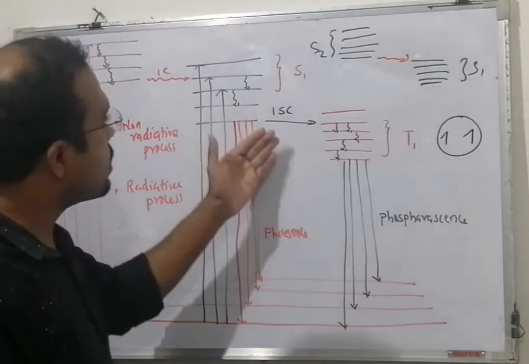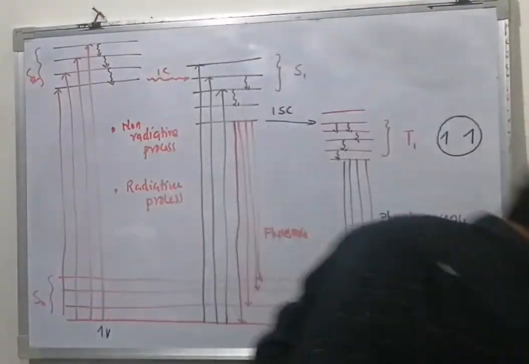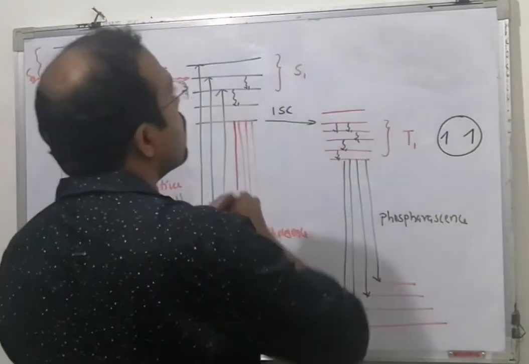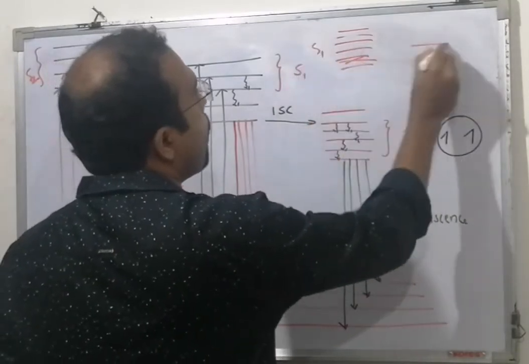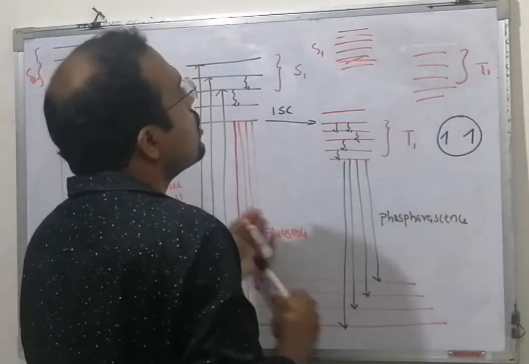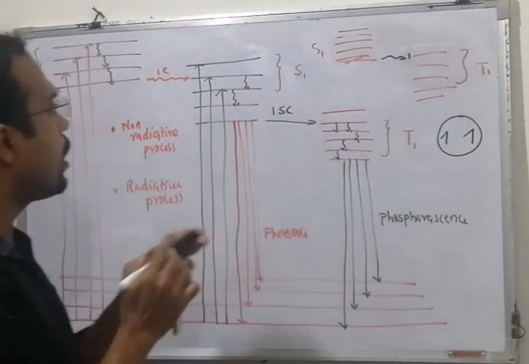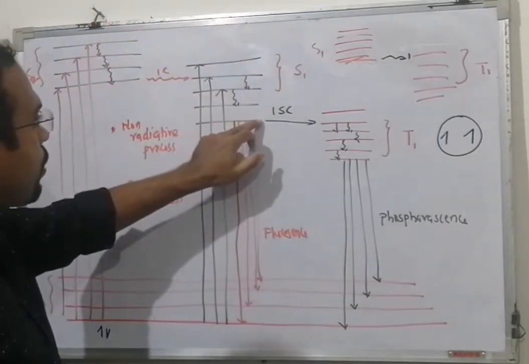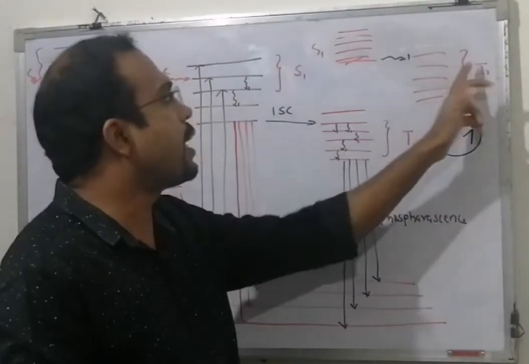Now what is inter-system crossing? Suppose you have an S1 and you have a T1. It is the shifting of the molecule from the lower vibrational level of the singlet excited state to a vibrational level of the triplet excited state.